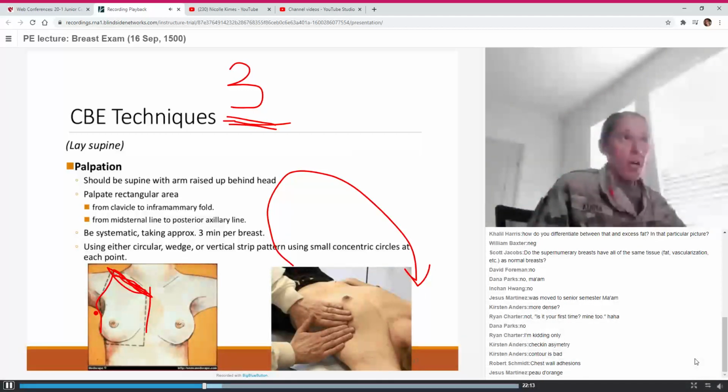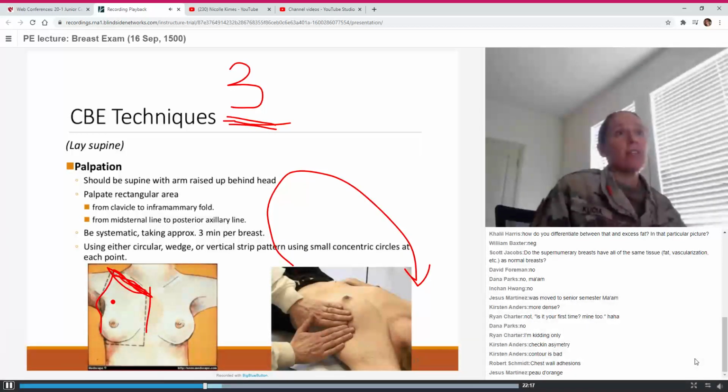Based upon my minimal knowledge of the comparisons of these different techniques, the most sensitive is the one called the lawnmower, where you're going up and down like that. Some people do wedges or circular.